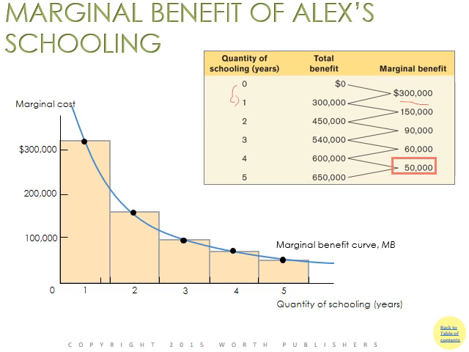So if we plot this point, the first year of schooling results in $300,000 in additional benefits. The second year of schooling produces an additional $150,000 of additional benefits. The third year of schooling produces $90,000 in additional benefits.